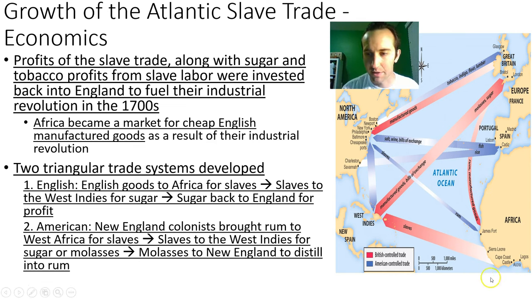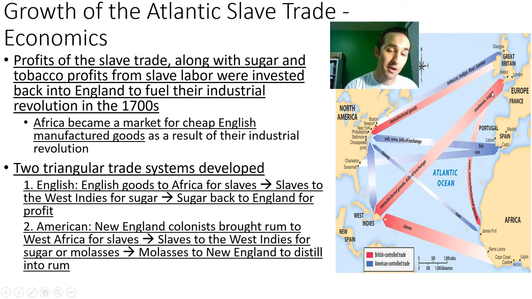The slaves are then brought over to the West Indies. West Indies is kind of the major trade point where they're stopped there, and they may be shipped off to Latin America or to the Americas. And then within the West Indies, they're going to make a whole bunch of sugar, which will go back to England. That sugar will be processed into rum, and that little English triangle continues.